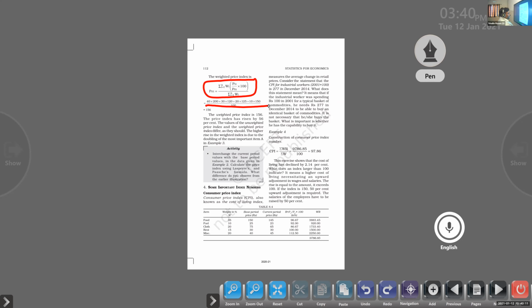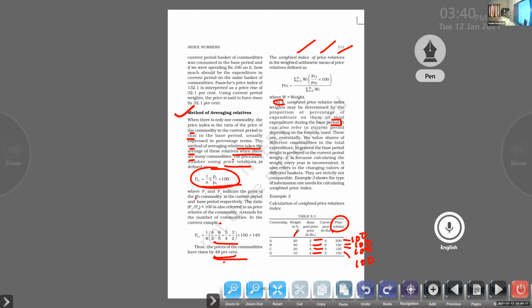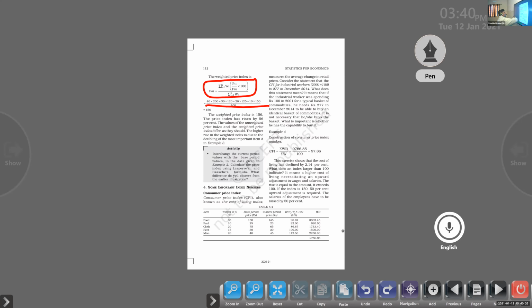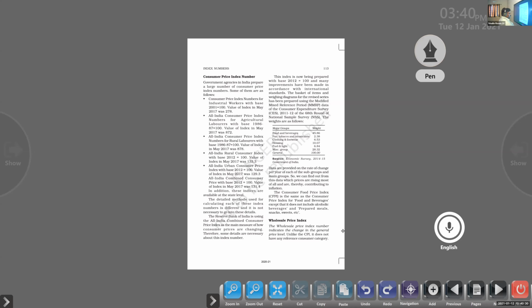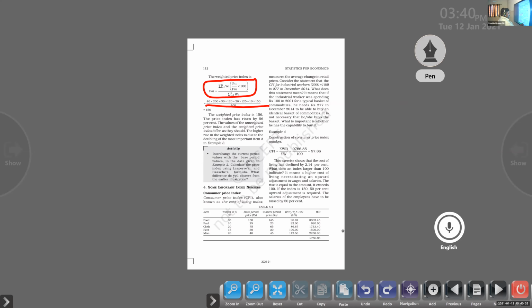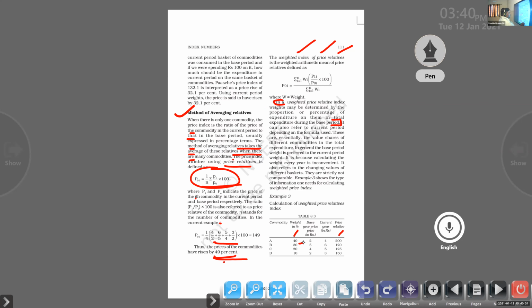All right. What is that? 40 into 200. So the weight in percentage and its relative price, multiply that. First we write 40 into 200, plus the next commodity. What is the next commodity? Its weight is 30 and the price relative is 120.